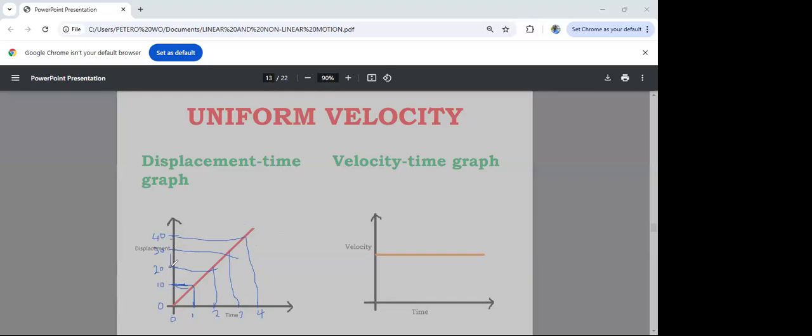That means in each second, we are moving 10 meters. So that is why we are calling this uniform velocity. Whenever you see a displacement time graph which looks like this, then you know that they are having uniform velocity.